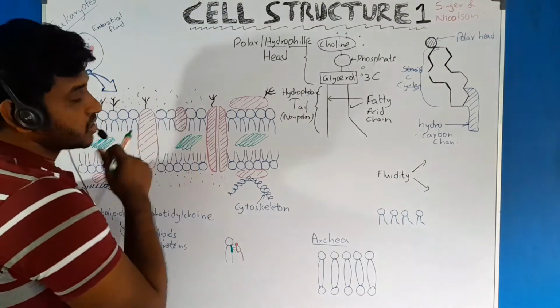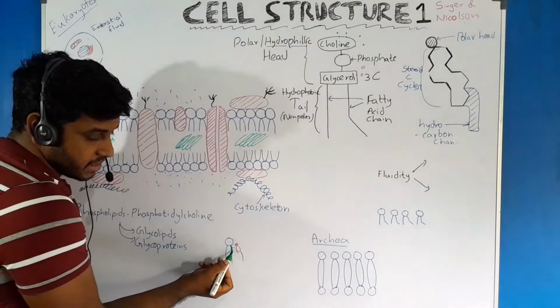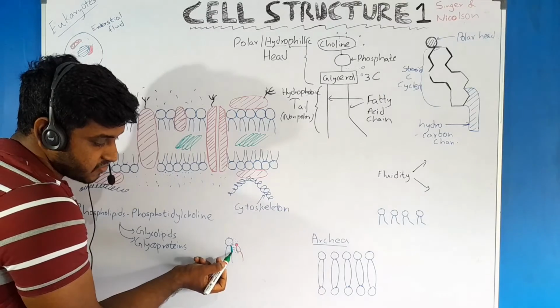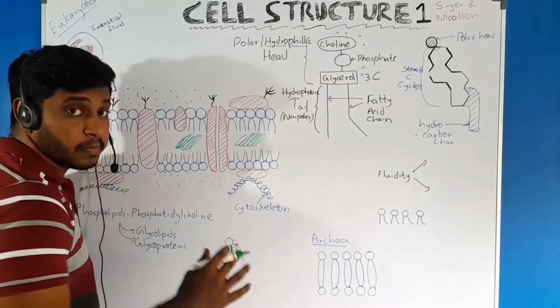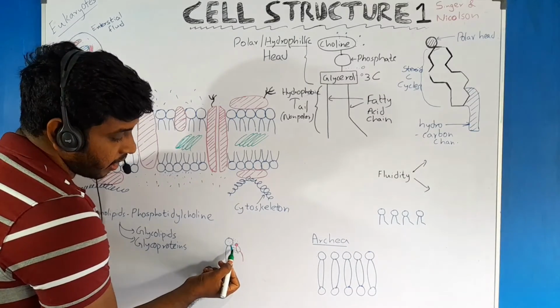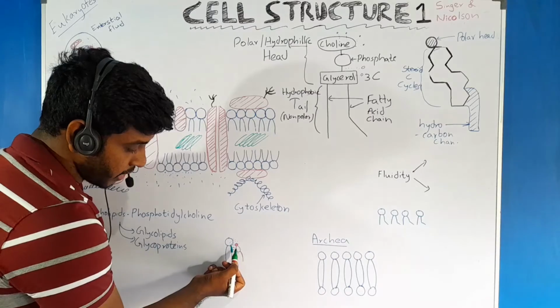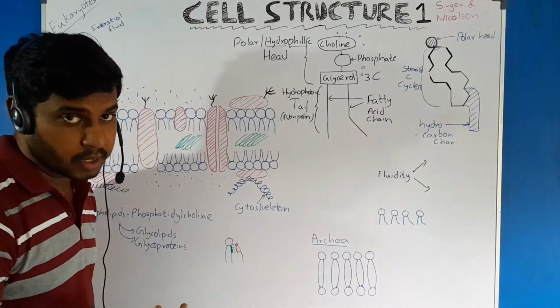When there is cholesterol in the plasma membrane, due to these interactions, these fatty acid chains become less mobile, because they are making contacts or connections with the cholesterol molecules.